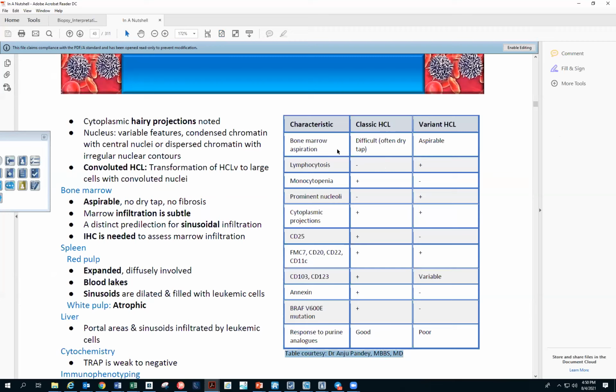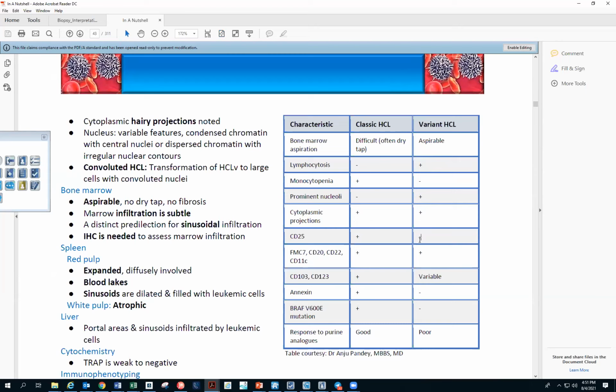Bone marrow dry tap will be seen in classical hairy cell, aspirable in variant hairy cell. Lymphocytosis in variant, monocytopenia in classic, prominent nucleoli as we read in variant, cytoplasmic projections in both, and both are hairy. CD25 positive is classic, as well as annexin positive is classic.